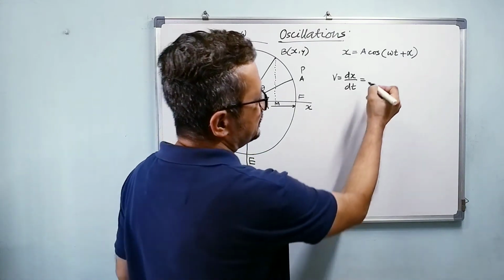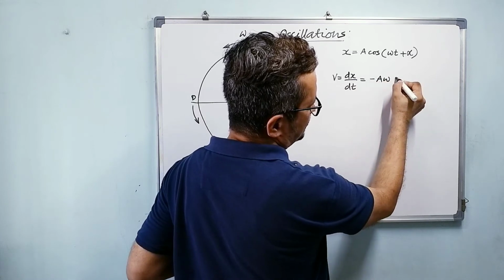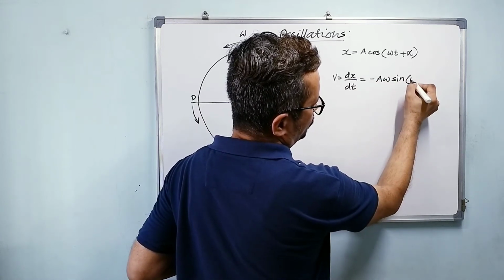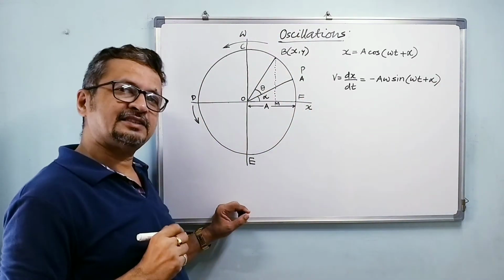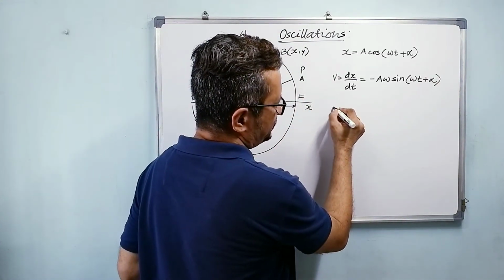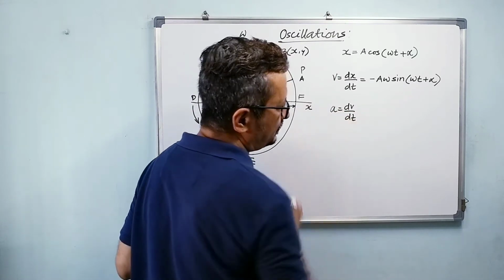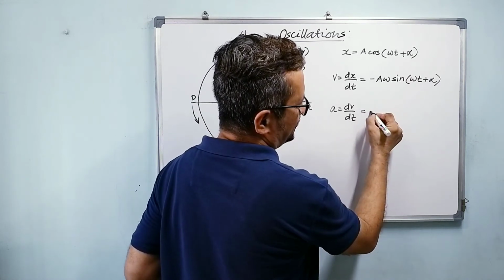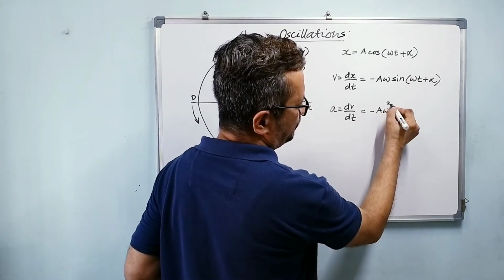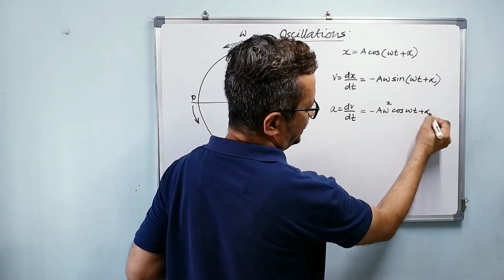Then the differentiation of this would be minus A omega sin(omega t plus alpha). And what about acceleration here? Acceleration would be equal to dv by dt, and that would be minus A omega square cos(omega t plus alpha).